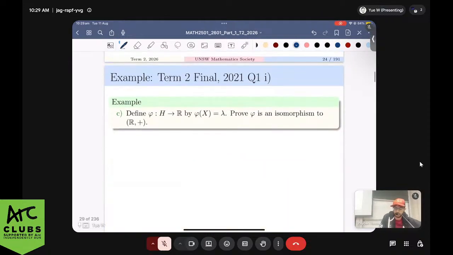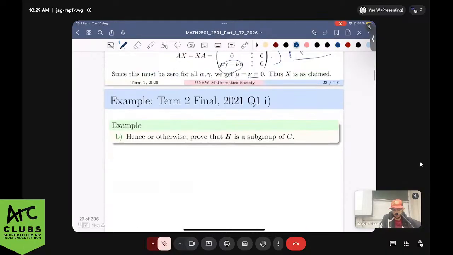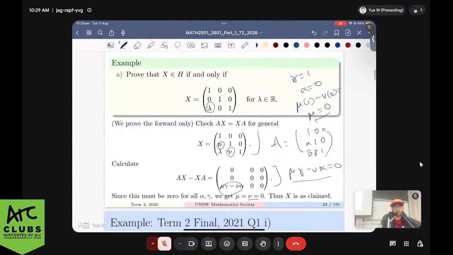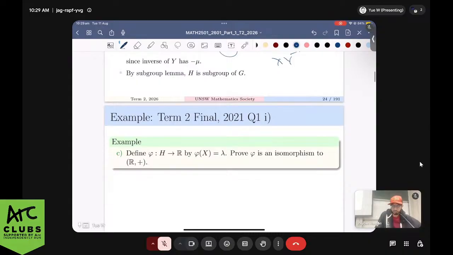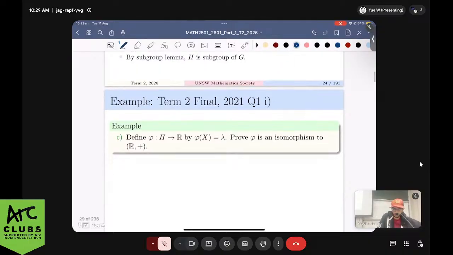Okay, now define phi of X equals lambda, where lambda is essentially this entry here. So for any X in H, whatever that bottom left entry is, that's what phi is going to be. Now we just need to show it's an isomorphism. So first of all, you need to show it respects the properties of the group.